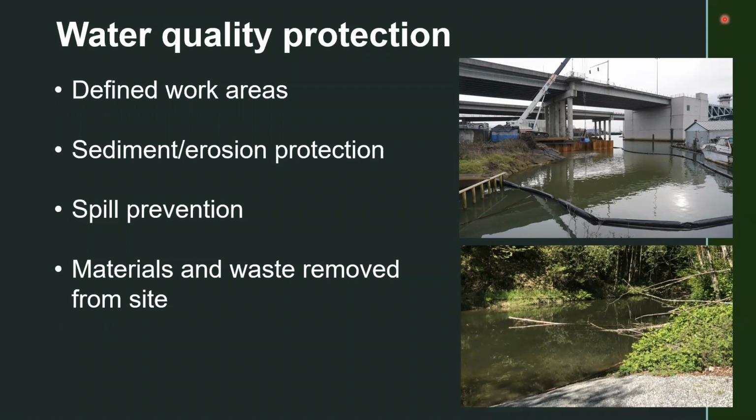Within the work area, we are going to be preventing sediment and other types of erosion from trickling out of the project area and affecting nearby wetlands and streams. We're going to be very careful to prevent spills, and we're going to make sure that we have the ability to clean up any spills that do happen immediately, and removing waste materials from the site promptly as the project continues.